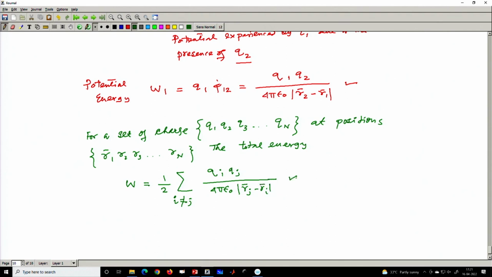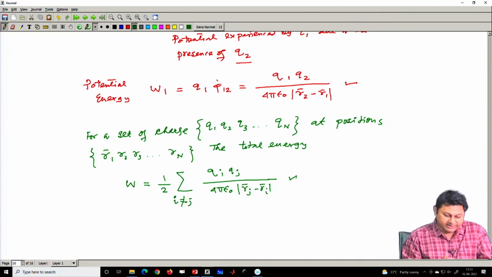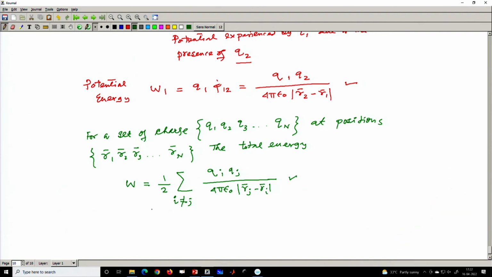This will be the value of the total energy when you have a number of point charges like q1, q2, q3 distributed at the locations r1, r2, r3, rn, etc. You should also note that this summation is done for all the combinations of i and j, but i and j are not equal.